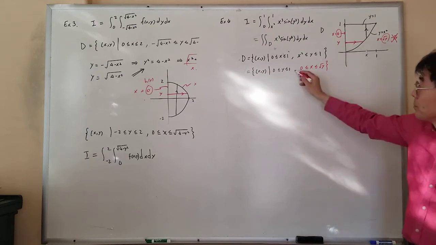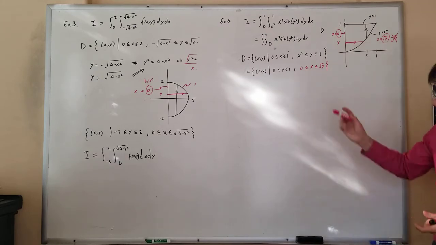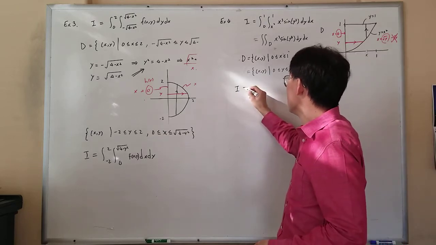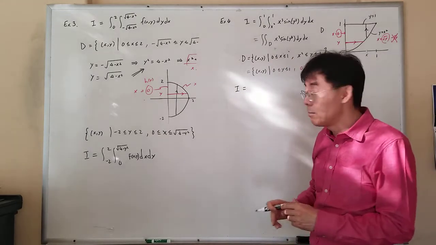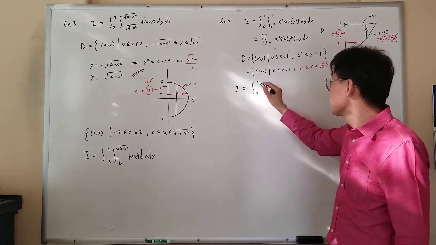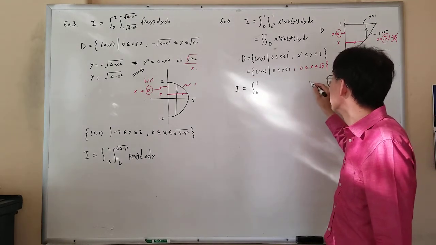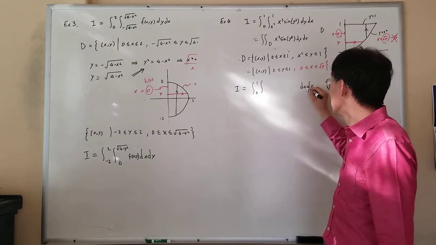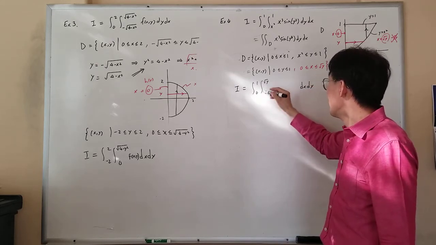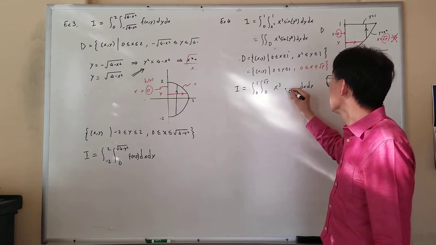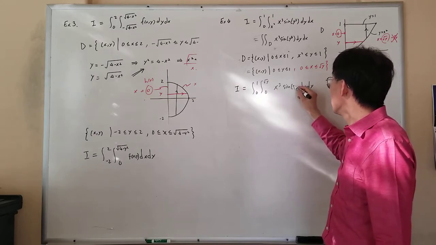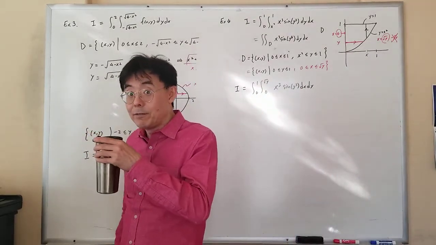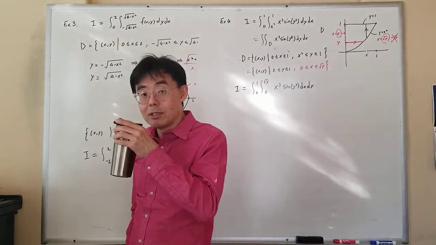So with type 2, your double integral can be written as y runs from 0 to 1. For given y, x runs from 0 to square root of y, x cubed sine of y cubed. Let's see if this gives us an easier integral.